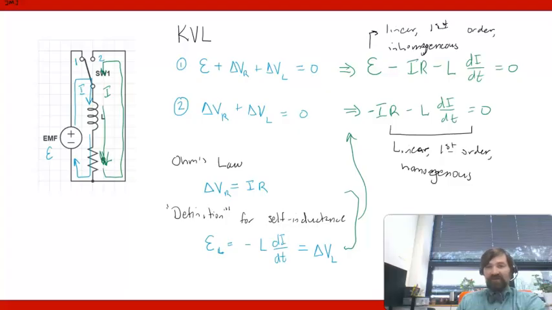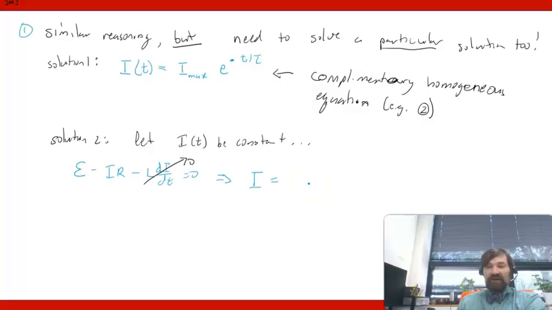So if you go back up here and you say, what if I is constant in this equation? Well, there does exist some value of I for which this equation could be valid, because this second term would be 0. In that case, I would just simply be given by epsilon over R.